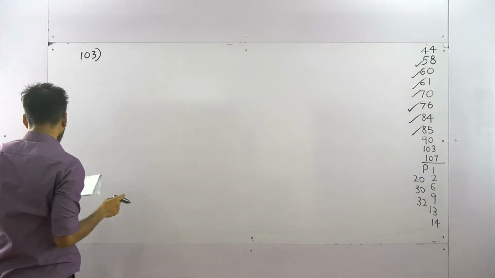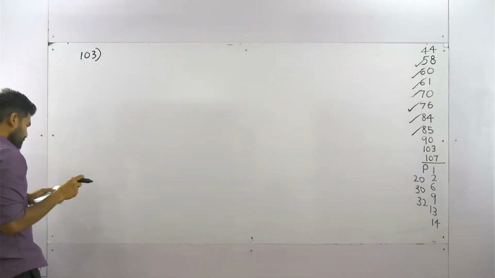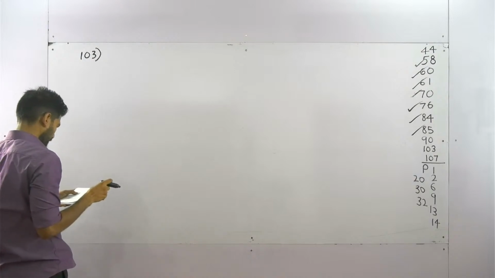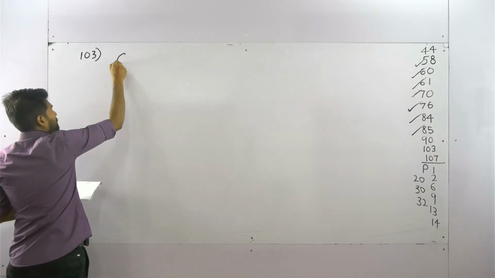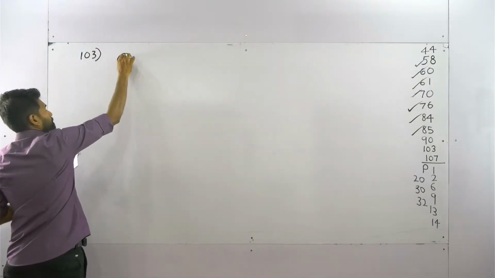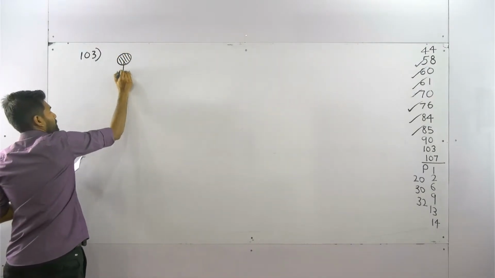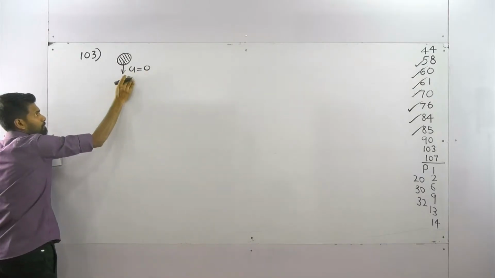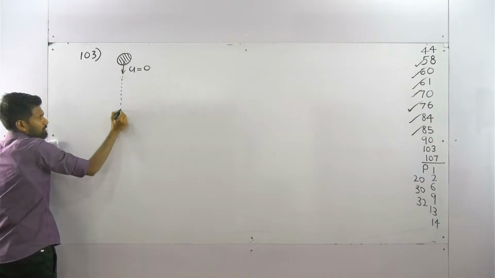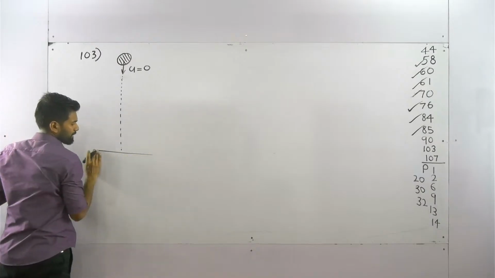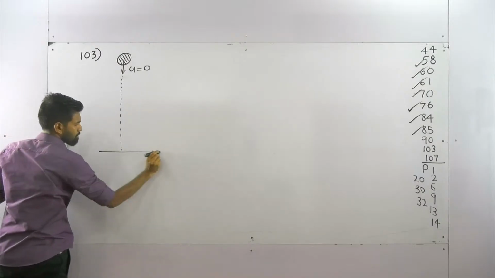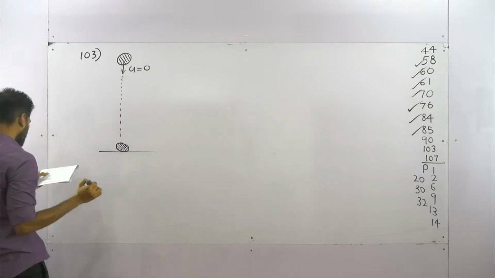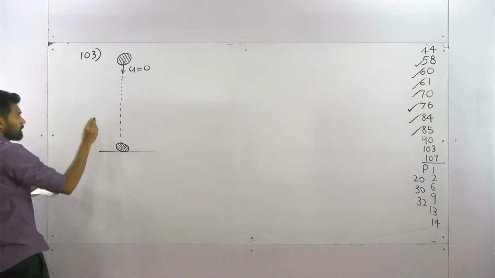Question number 103. A rubber ball is dropped from a height of 5 meters on a planet where the acceleration due to gravity is not known. A rubber ball is dropped, so its initial velocity is 0. It's not thrown. It will come toward the ground and hit the ground. H is 5.